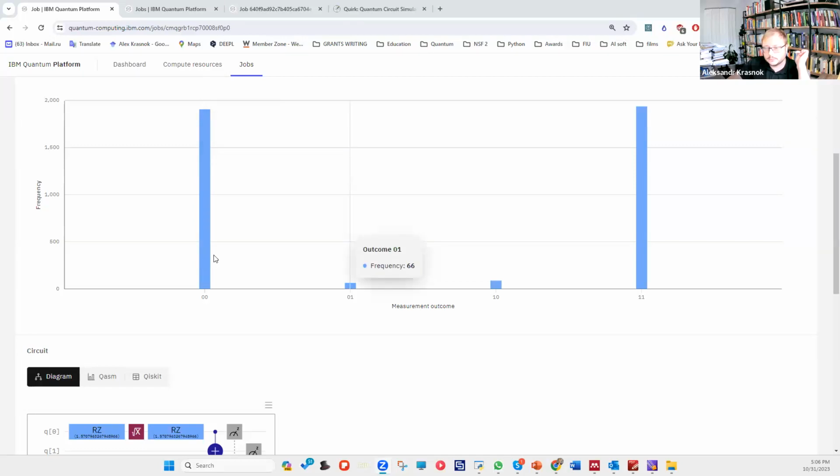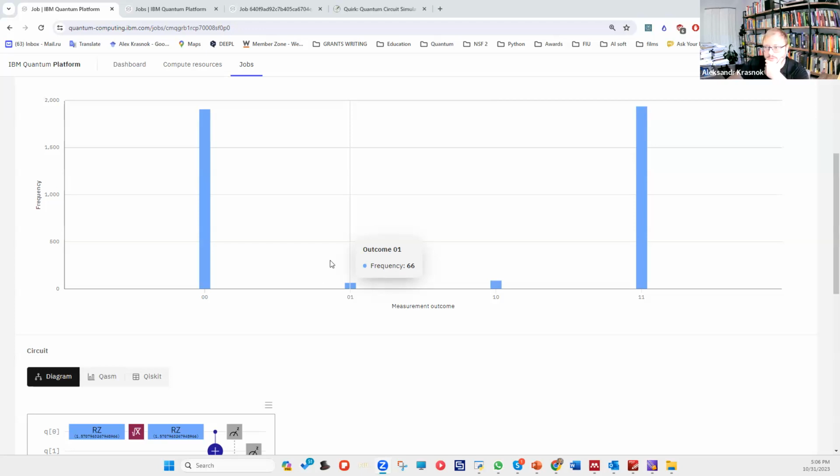In contrast to this classical simulation, the quantum machine gives us, so this is the result of executing this circuit, and the result consists of 0-0 and 1-1 states as we expected to get, but it also gets states 0-1 and 1-0, which we didn't observe in the classical simulation case.